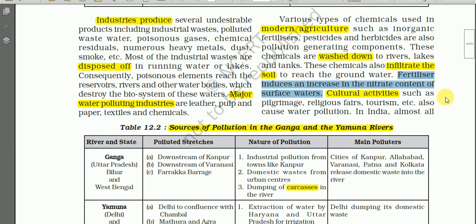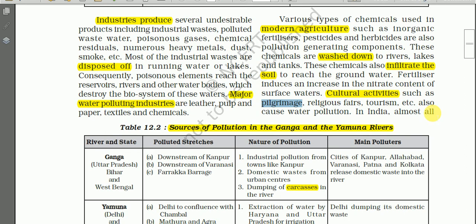And next we have another important human activity which causes water pollution: cultural activities such as pilgrimage, religious fairs, tourism, etc. In the case of India, we have certain religious fairs mainly conducted in the water bodies, mainly in the rivers.